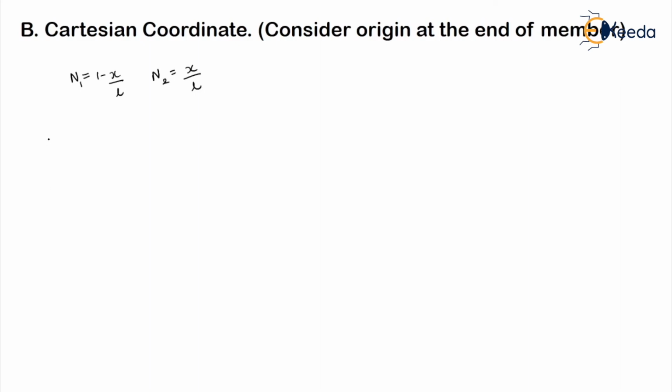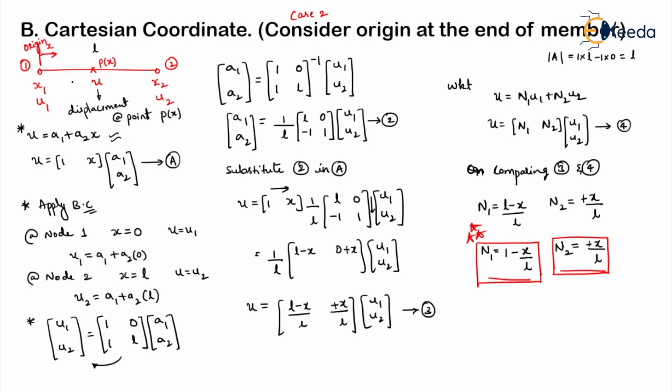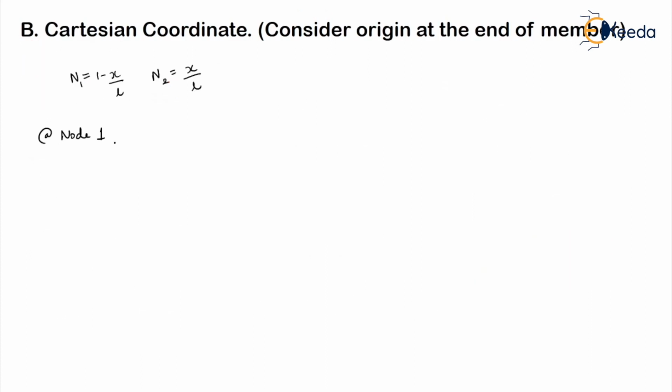Right. So now at your node 1, what is the value of x? Check here. Node 1, what is the value of x? x is 0, and at node 2 x is L. So at node 1 your x is equal to 0, and at node 2 your x will be equal to L. So substitute in this. So what will it become?